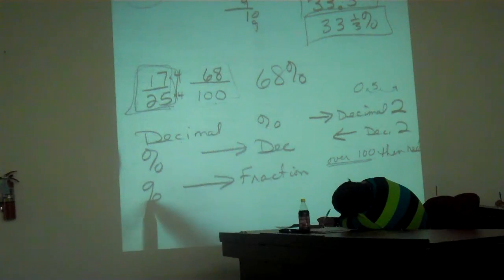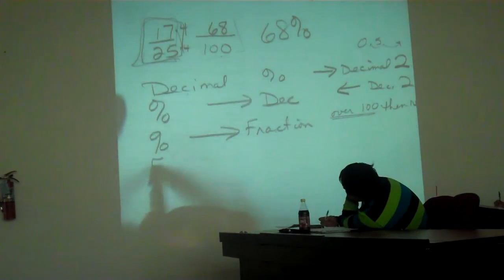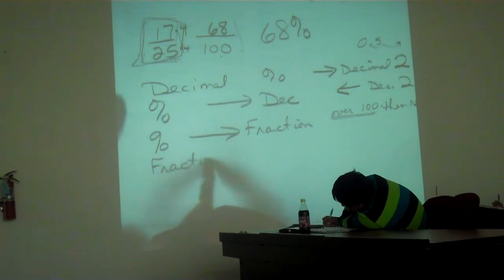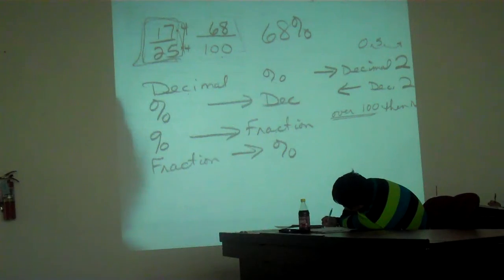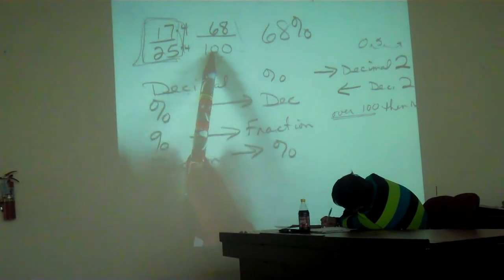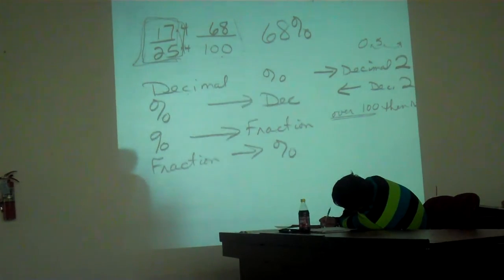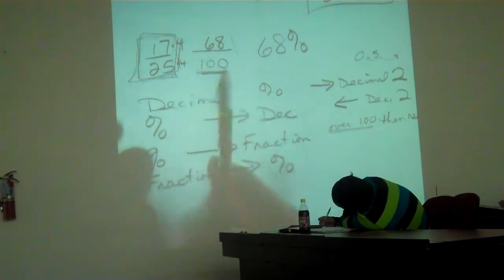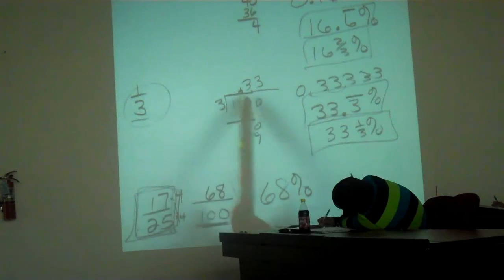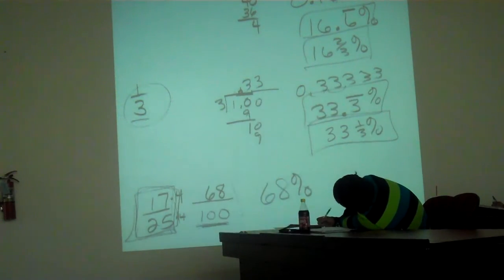What about fraction to percent? Change it to a decimal and move the decimal. You either make it over 100 or change it to decimal. If it's like this, you could change it to over 100, or this one, we change it to decimal and then moved it.